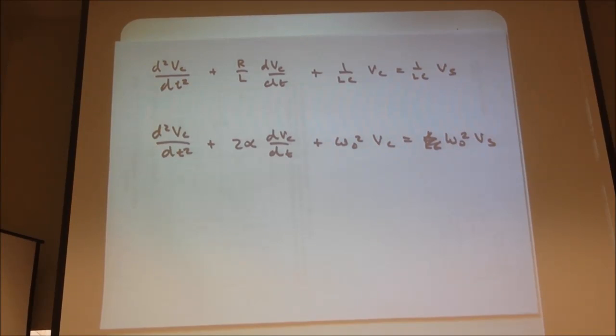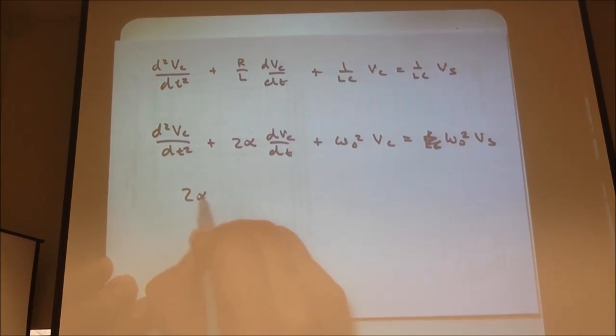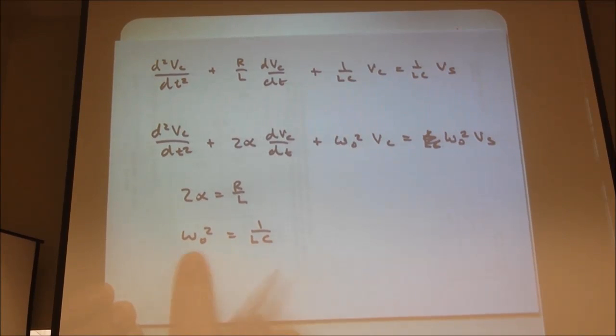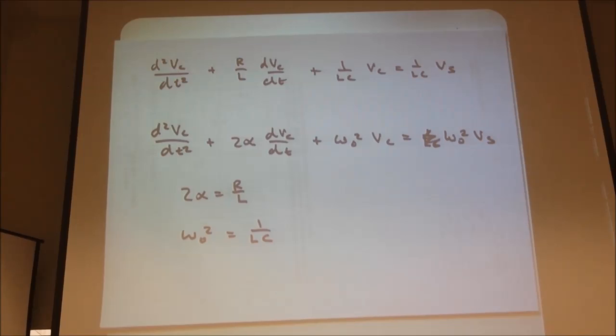So rather than use A, B, and C, we knew A was 1. And right now, looking above, we have 2 alpha equals R over L. At the moment, these are just kind of randomly chosen values, but clearly not random. And so these have particular meanings in our circuit analysis.